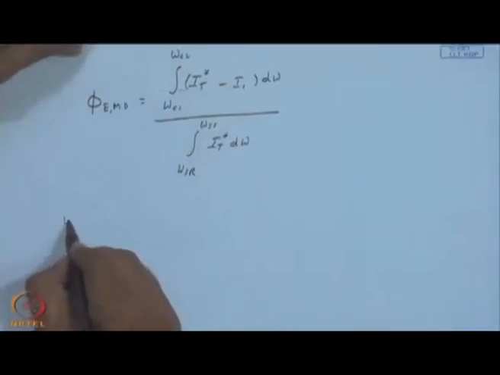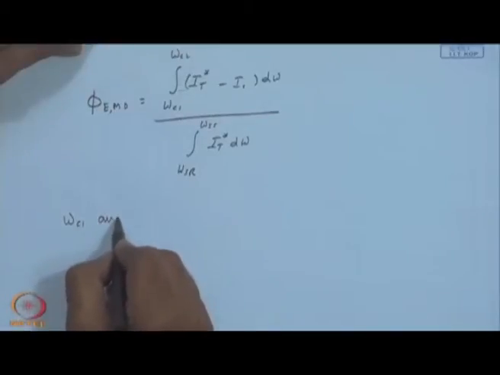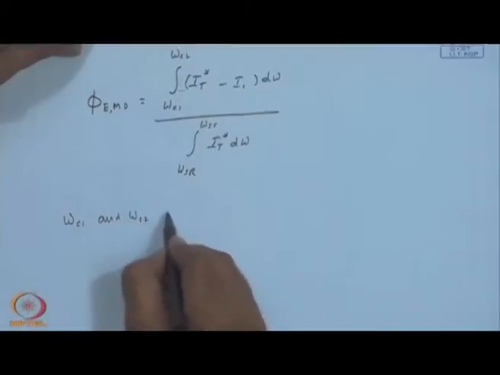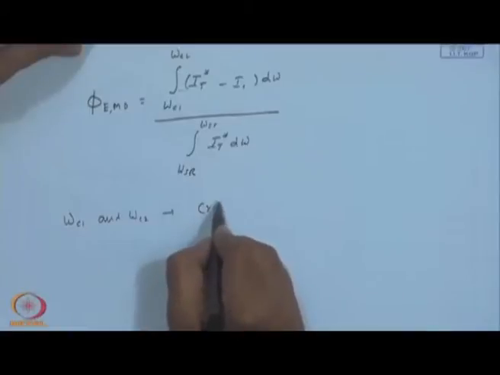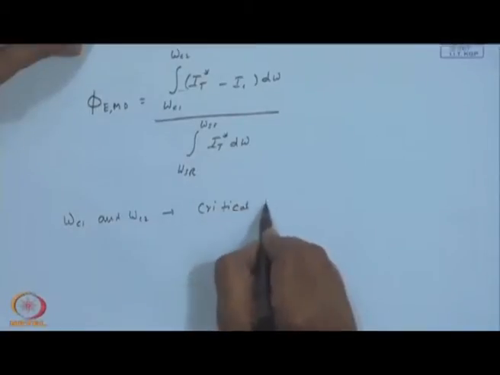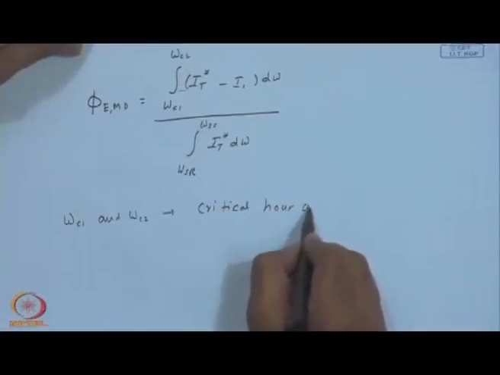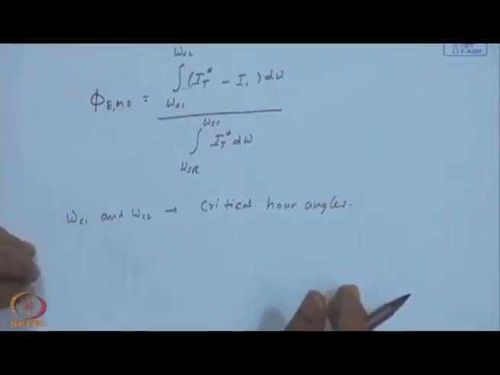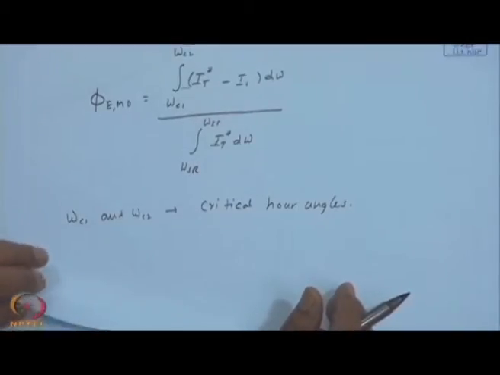Omega C1 and omega C2, which I shall call the critical hour angles, which may or may not be equal magnitude wise, depending upon whether it is south facing or non south facing collector.